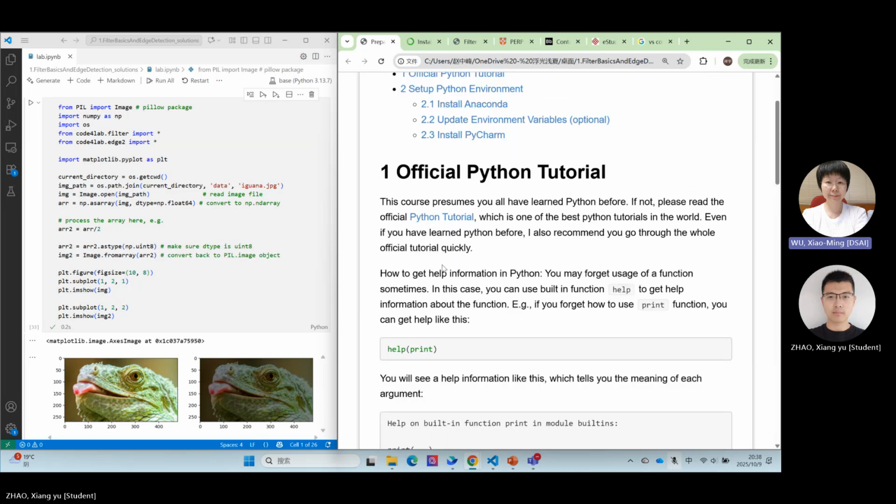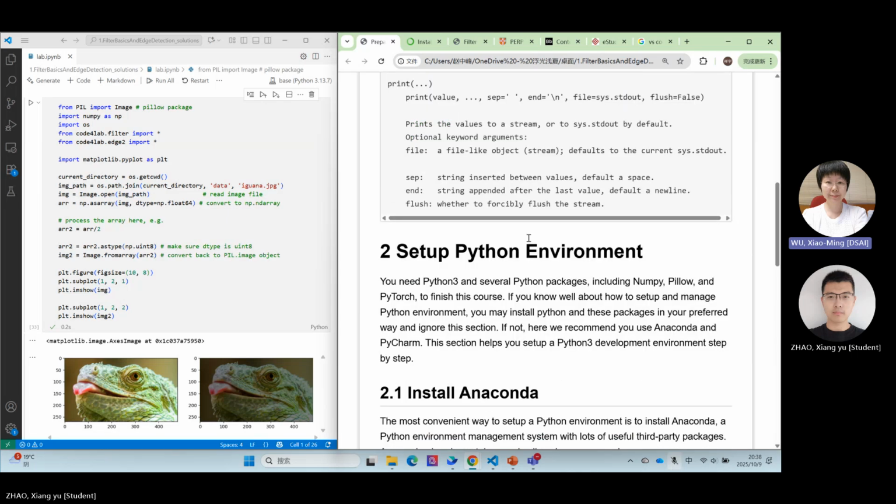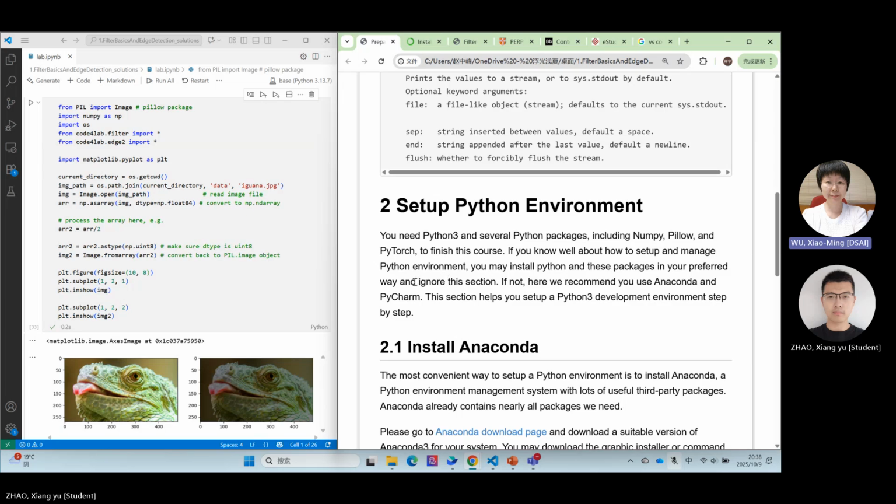Okay, let's jump to the second step, how to set up your own Python environment. In this course, you need Python 3 and several Python packages such as NumPy, Pillow, and PyTorch.